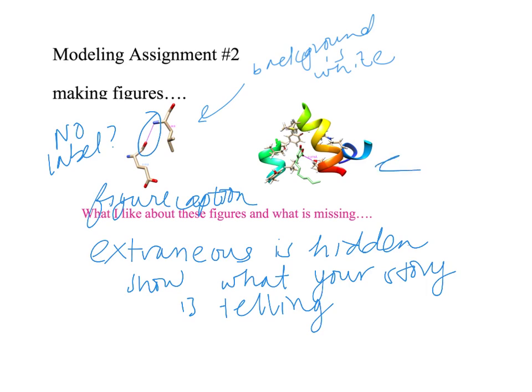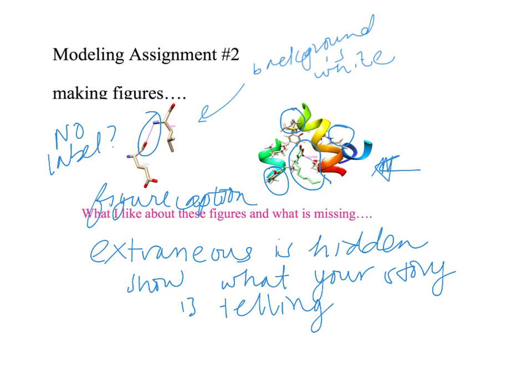Again, the same thing with this one. Nice white background. There's a little bit of extraneous stuff here and here and here, because I feel like whoever made this figure was trying to demonstrate that this green piece hydrogen bonds with that residue, which means you don't need all the extra fluff. Again, it's pretty much cleaned up. It's not too hard to look at, but there are some extraneous pieces.